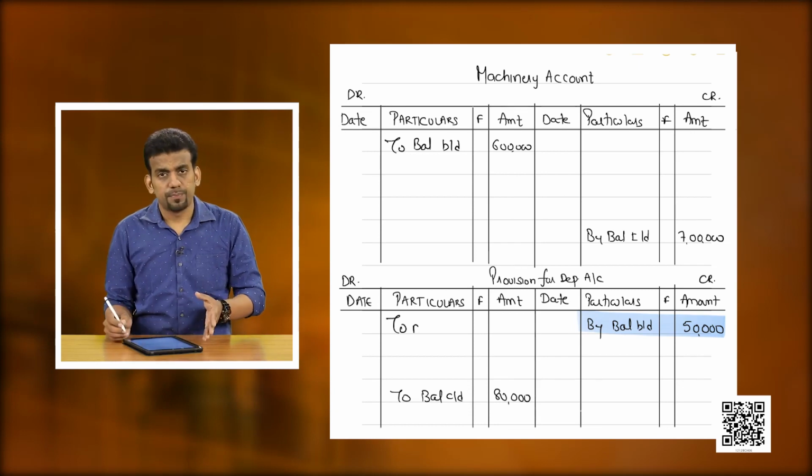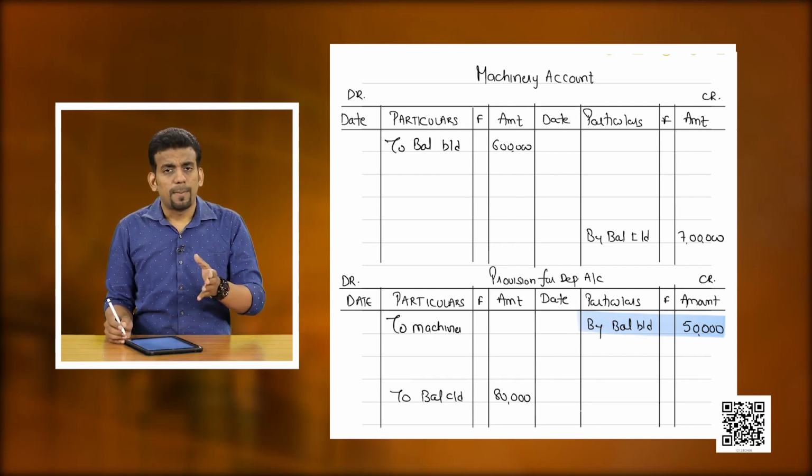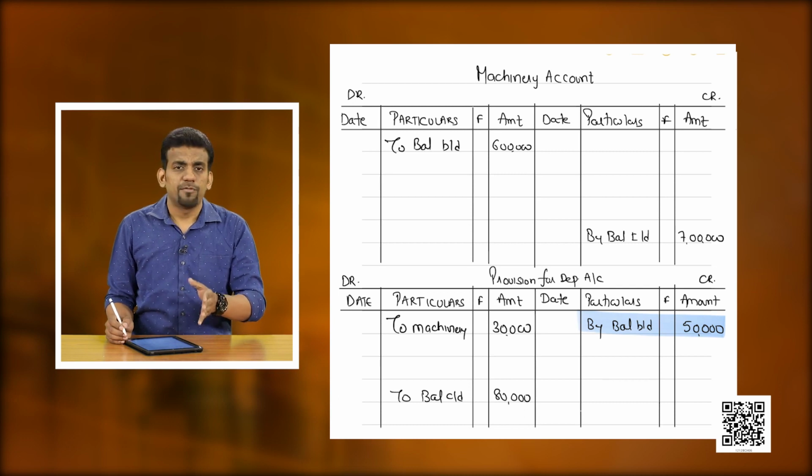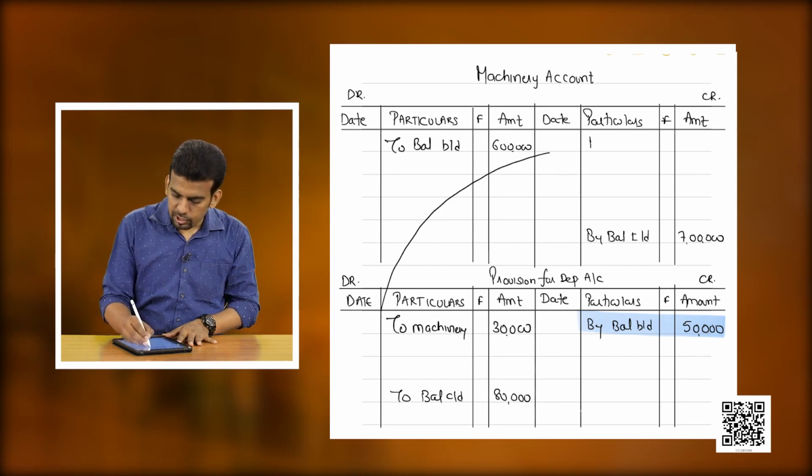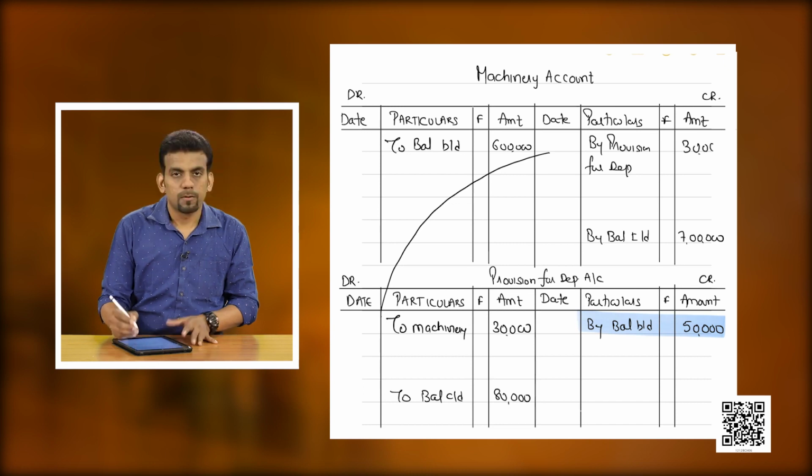To machinery. That means by putting an entry on the debit side, I have removed that depreciation which is being charged on the sold part, and this would be transferred to the machine account, as we want to bring that machine to its original value, right?